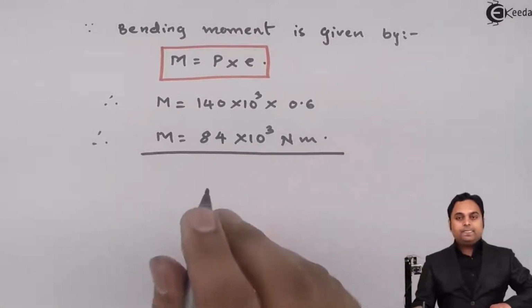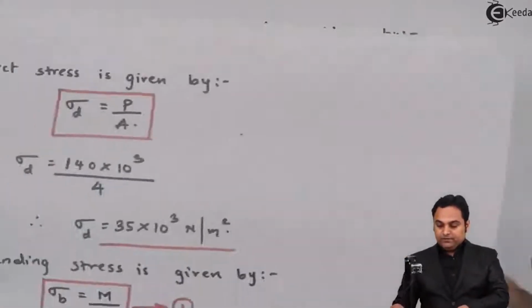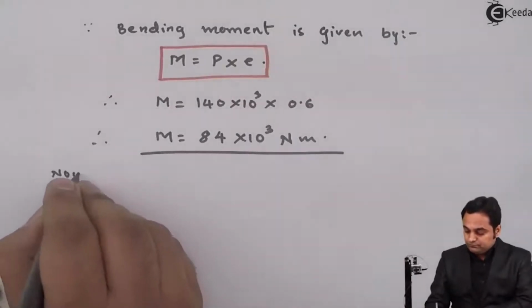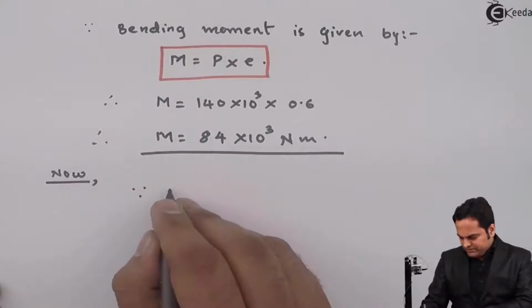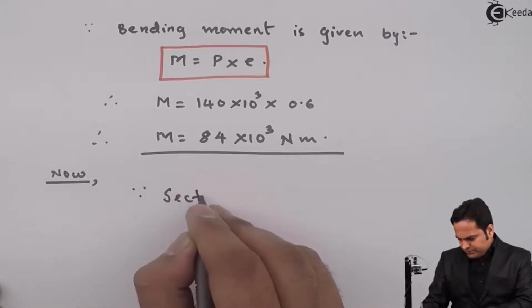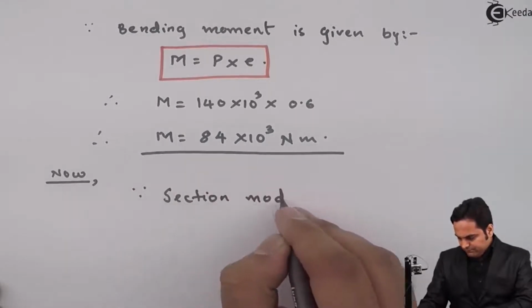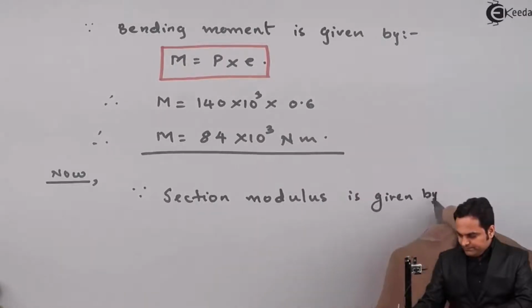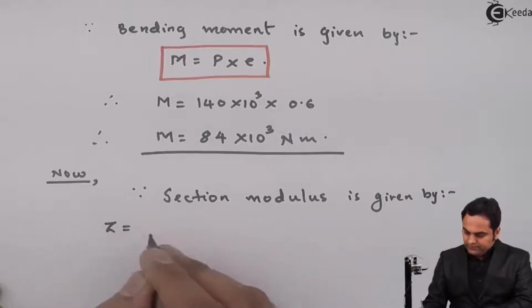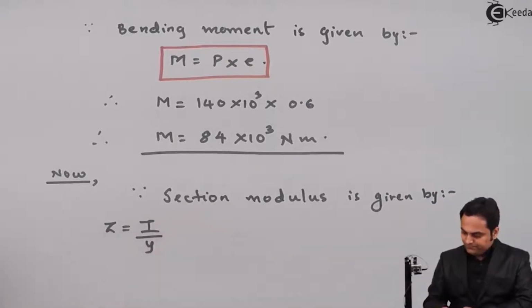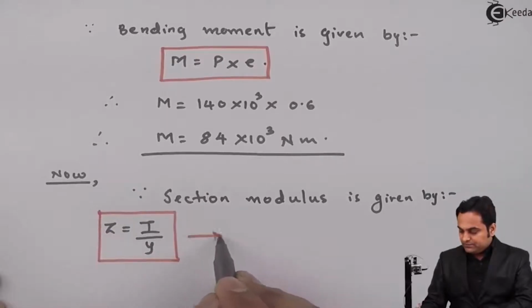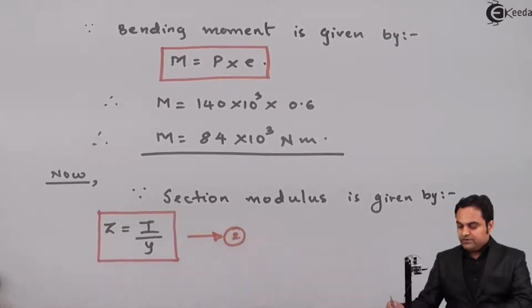Now after getting the value of bending moment, the next thing is to calculate Z. Z is called as section modulus. So since section modulus is given by Z is equal to I upon Y, keeping this as the second equation.